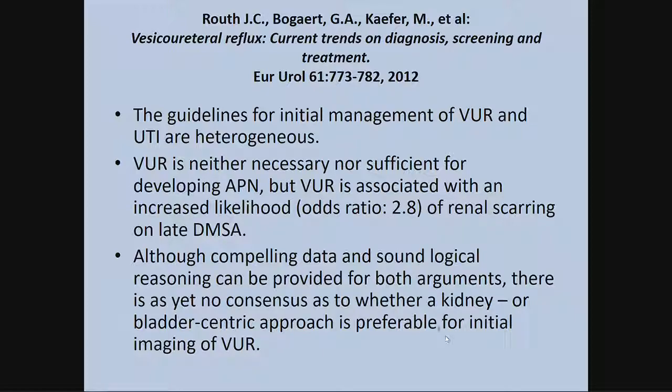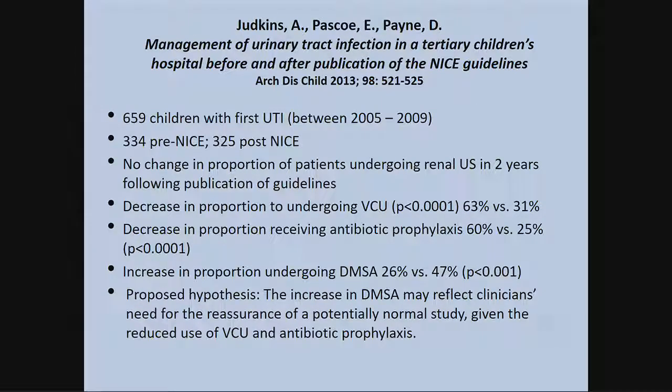I just want to mention two other papers. This one here from the European Journal of Urology: there's yet no consensus as to whether a kidney or bladder-centric approach is preferable for initial imaging.